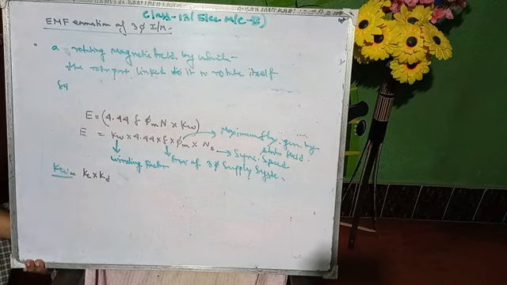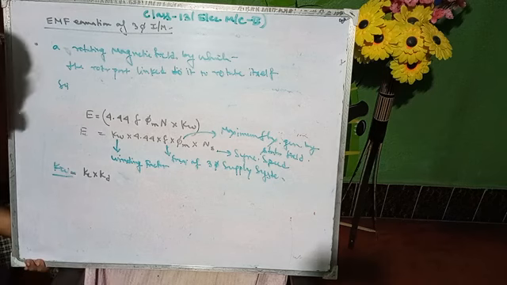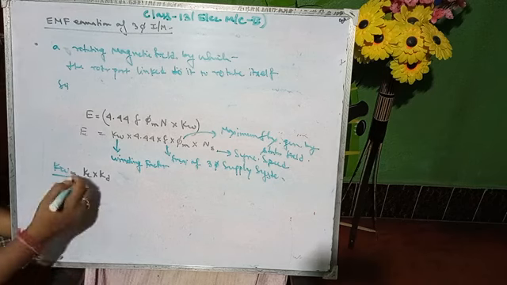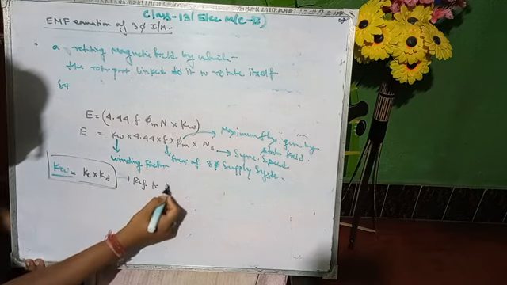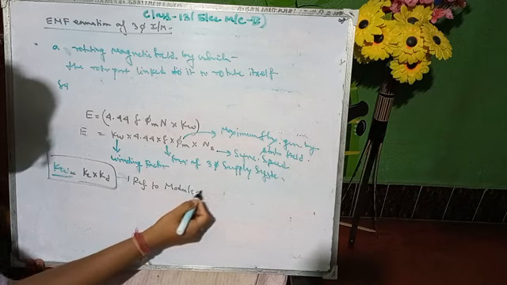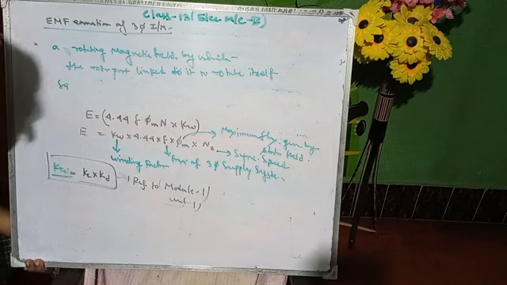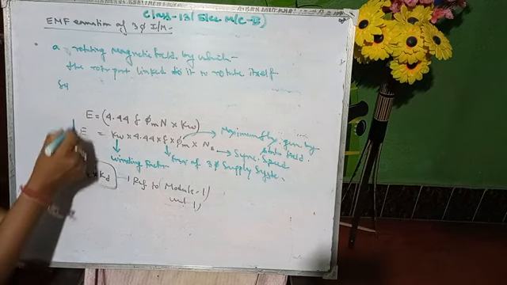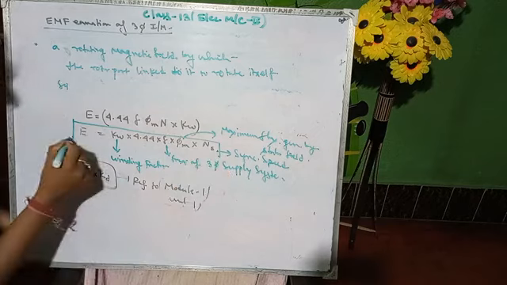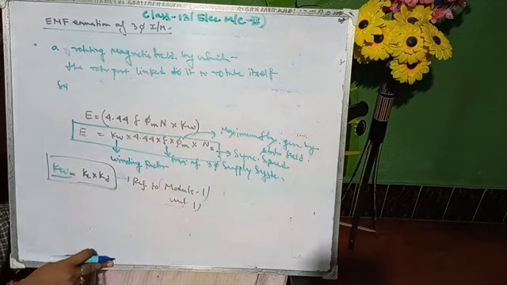The formula is written in the first module, so refer to the first module for Kc and Kd or Kw, unit 1. So ultimately, this is the EMF equation for three-phase induction motor.